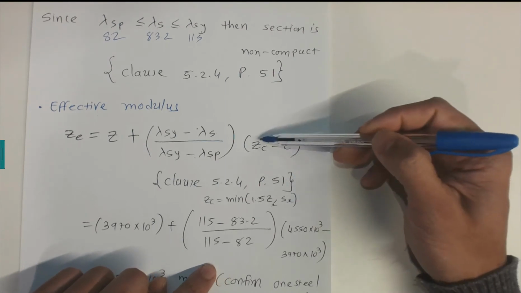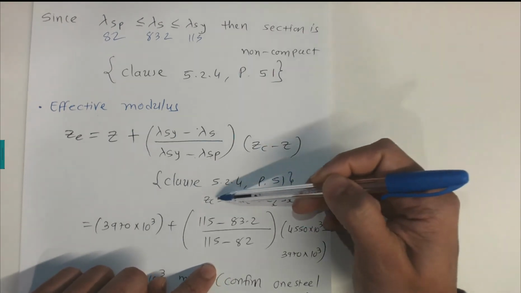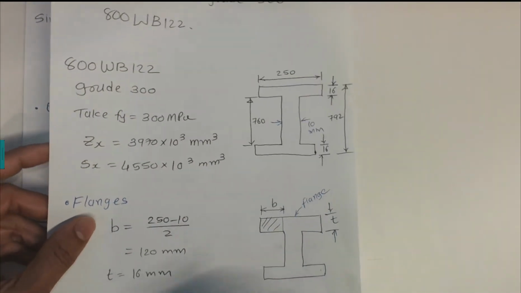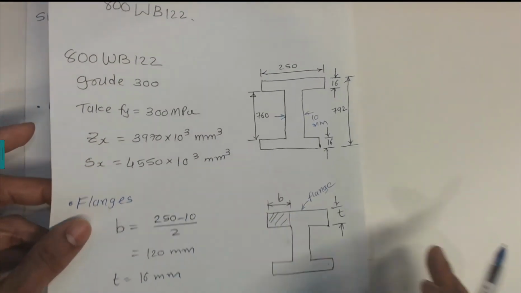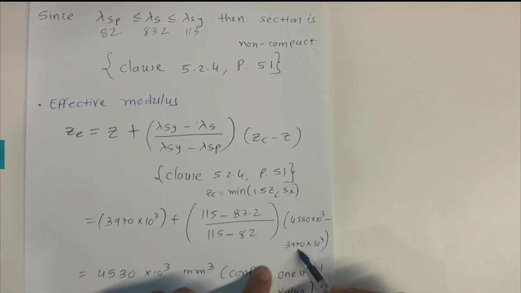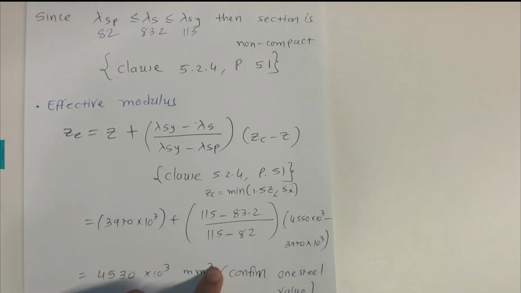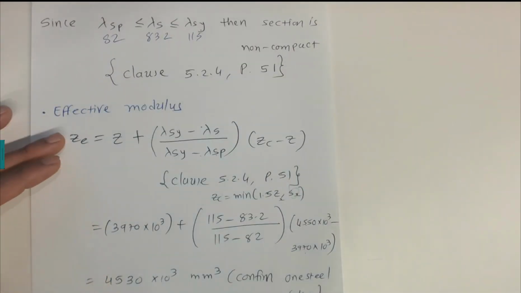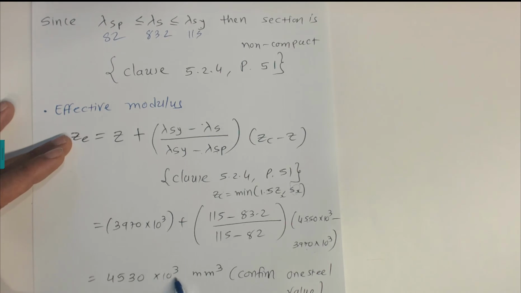Then we have the ZC value, which is equal to SX for compact sections, and for SX we get 4500 times 10 to the power 3. ZC minus Z, where Z is 3970 times 10 to the power 3. Simplification gives 4530 times 10 to the power 3.